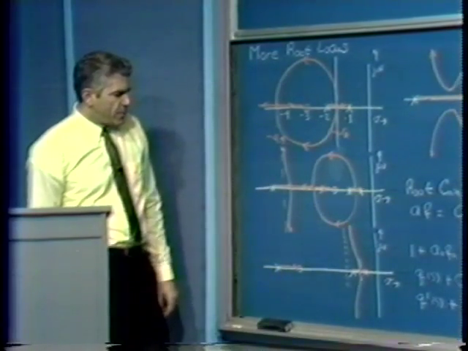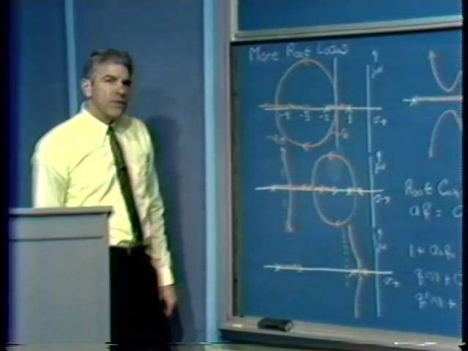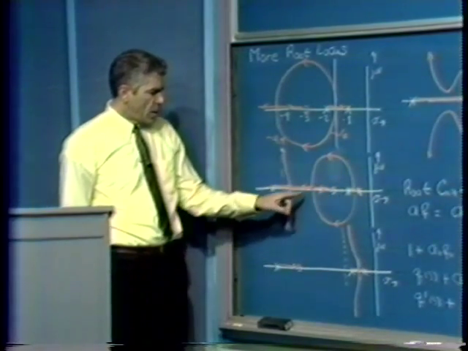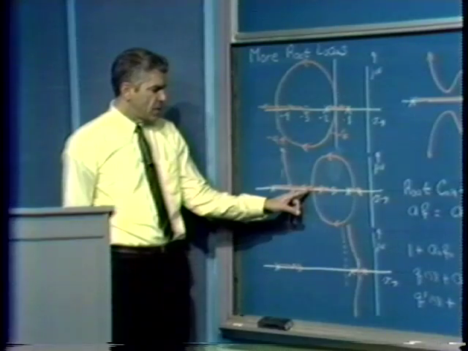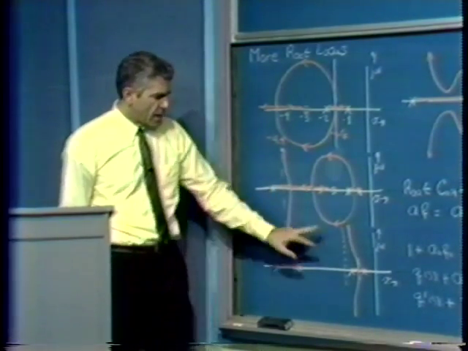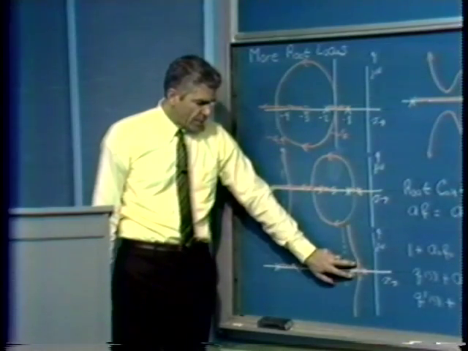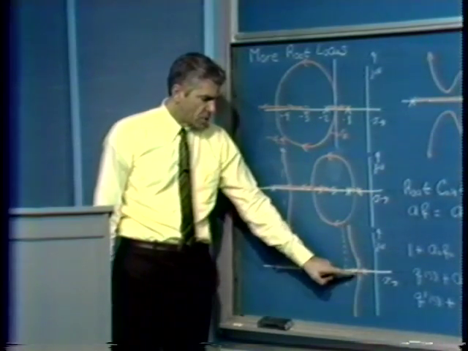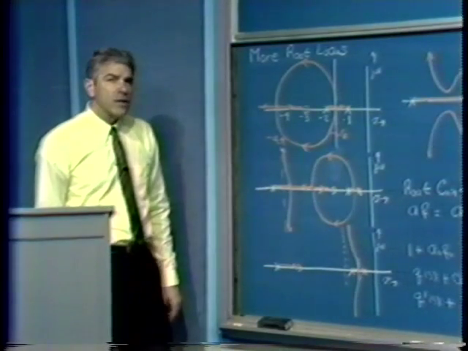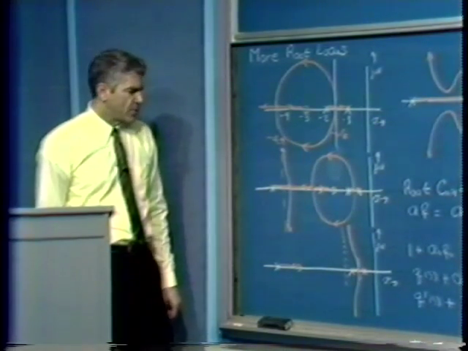And yet we have root locus diagrams that look very dramatically different. One of them has the circular behavior, all of the branches lying for a while on the real axis, and in this case, we never have all of the branches lying on the real axis except for very small values of A naught, F naught.